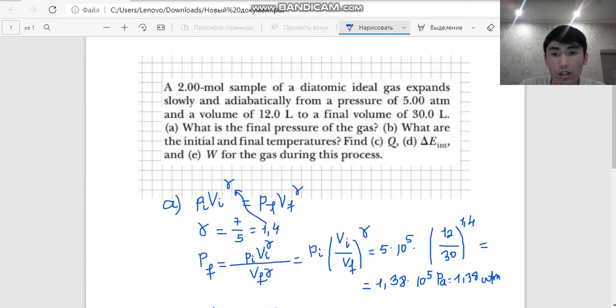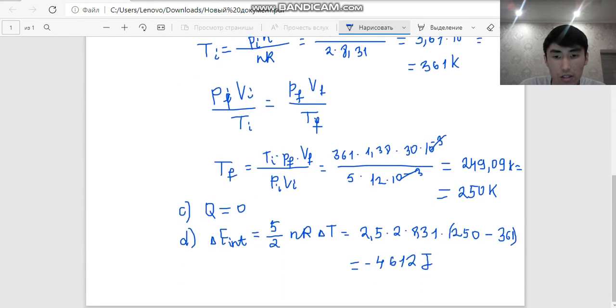So let's find the last question, E, work for the gas during this process. So we write it here: Q, heat, equal to 0. It means work plus change of internal energy equal to 0.